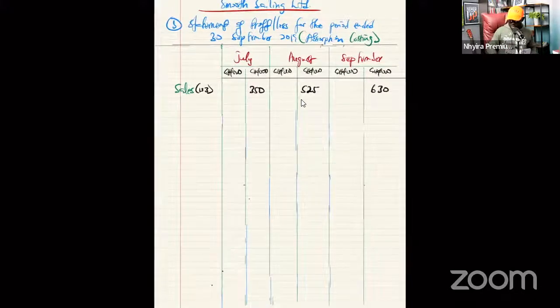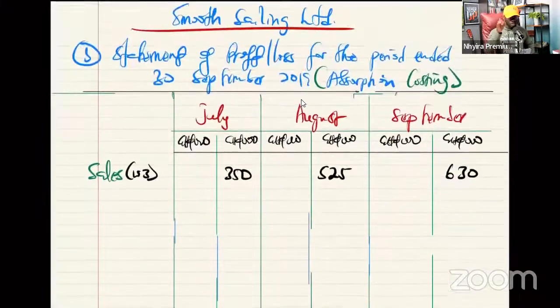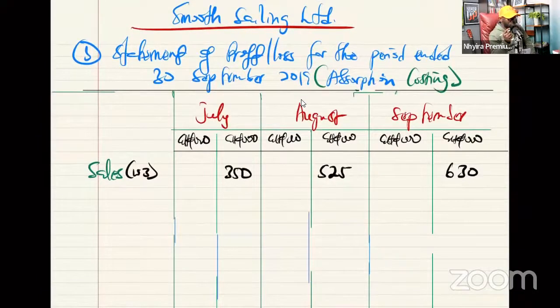Now, in absorption costing, we less what? We less cost of sales. We're going to less cost of sales. So let's bring it up and let's see what exactly we're going to be having in that period.